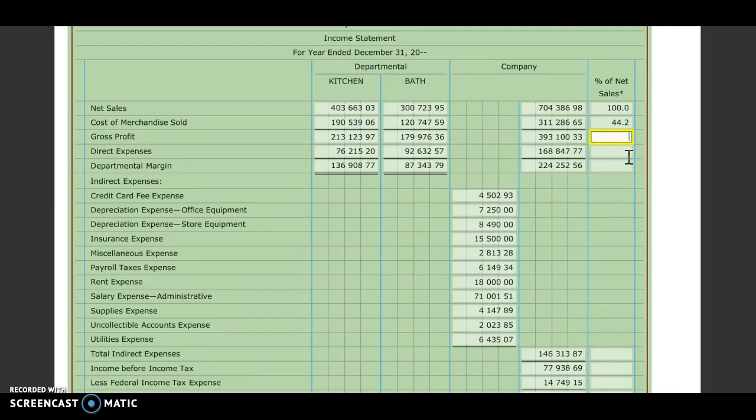Next one, I should get 55.8%. Remember, net sales is always our bottom number. Next, we're going to round up on this one, so we'll just get 24.0%.